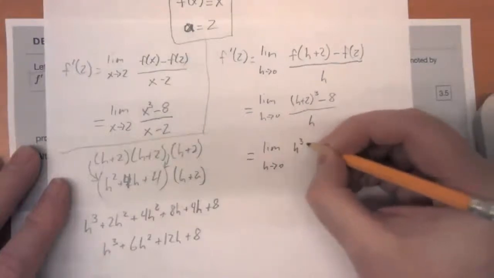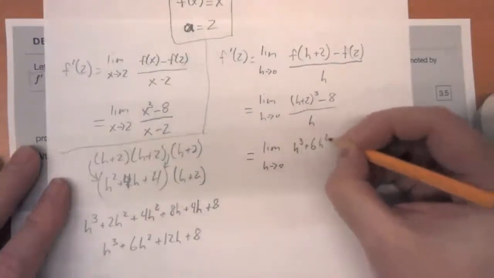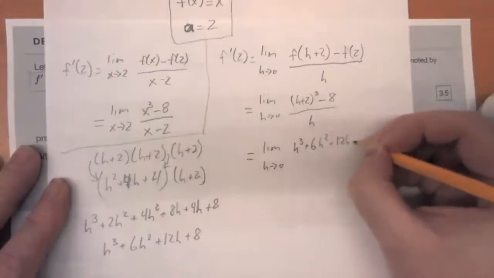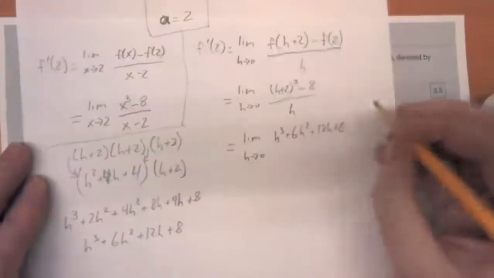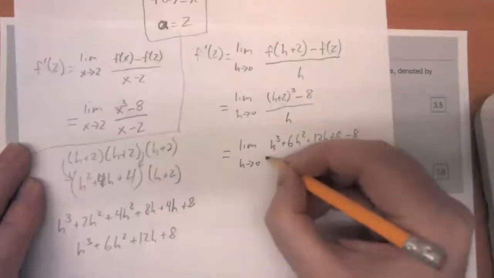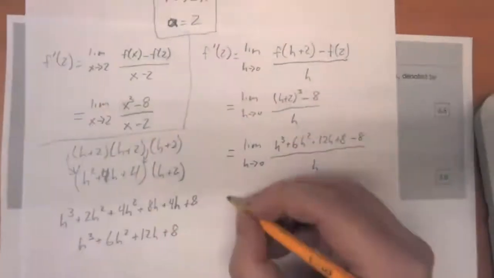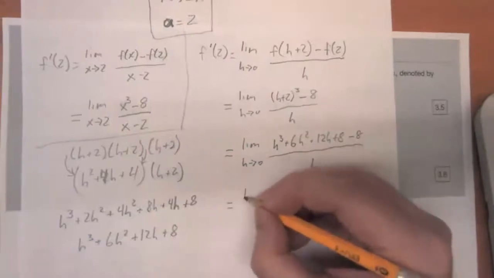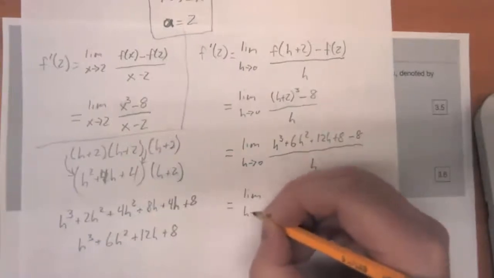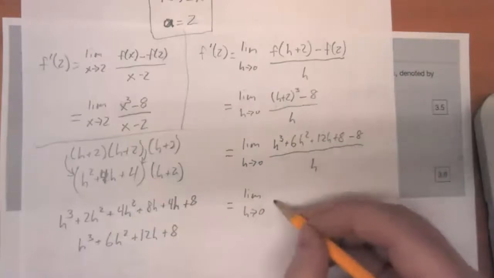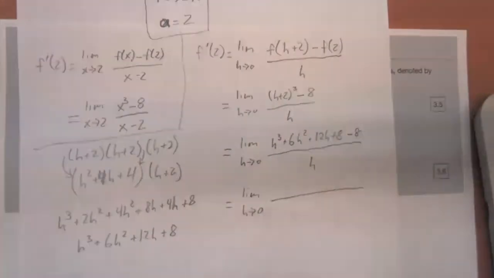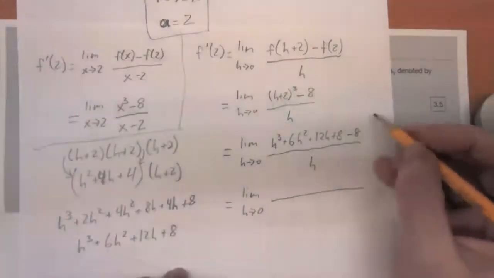H cubed plus 6h squared plus 12h plus 8 minus 8 over h. And this is one of the things that I mentioned in the last video, that it looks like a ton of arithmetic and algebra to do, but it works out for us.